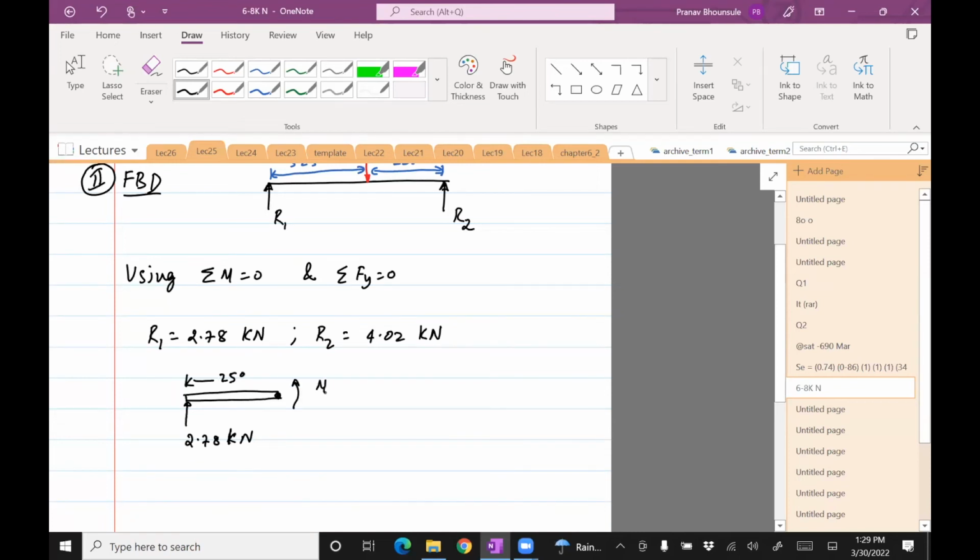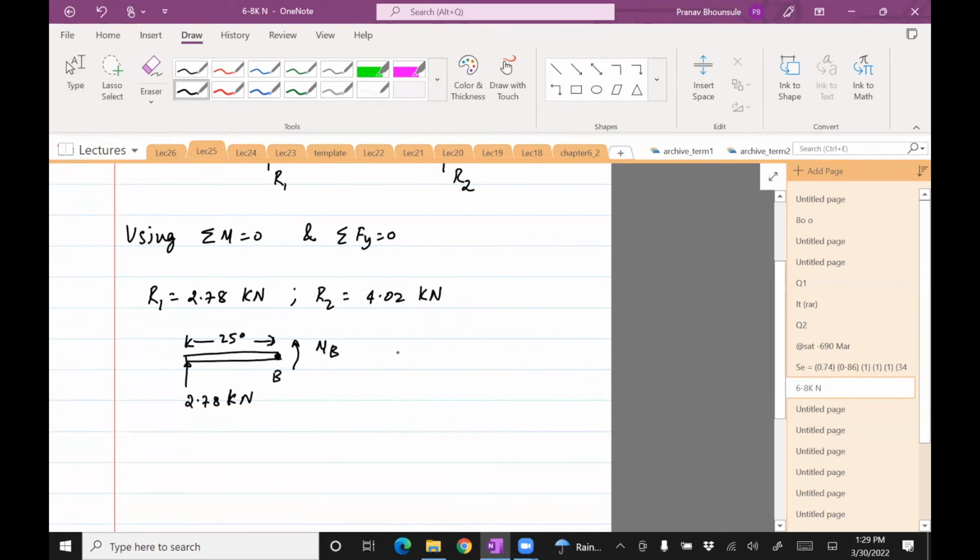Then we want to compute the moment at B. This is B. So it's clear that MB is, so I probably need to convert the units. This is 250 mm. So MB is going to be 2.78 times 10 raised to 3. This is converting kilonewtons to newtons.